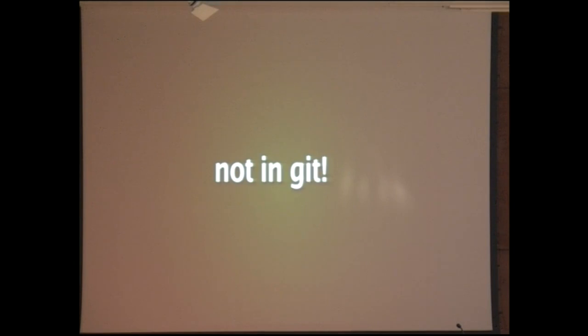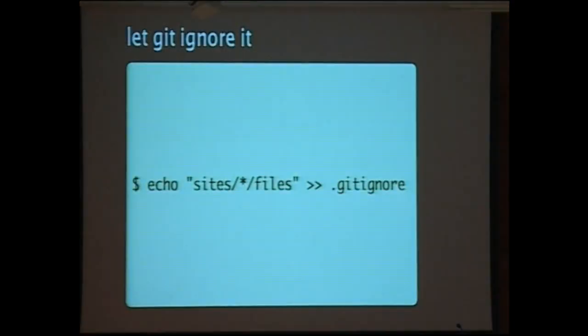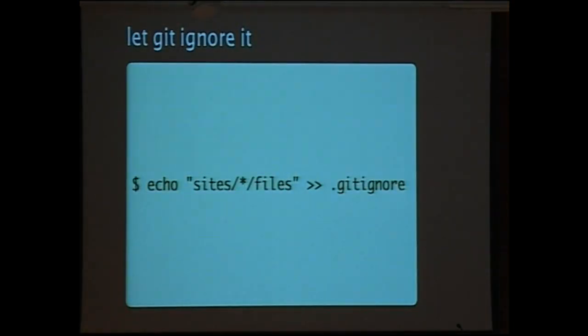That's why you shouldn't put it in Git, and to do that, there's one little file in the repository. It's called .gitignore, and you can just add directories, file names with wildcards, and other stuff in there to tell which files or directories shouldn't get tracked by the git command, and be excluded from your repository. So you just do an echo of /*/files into .gitignore. This adds this new line.